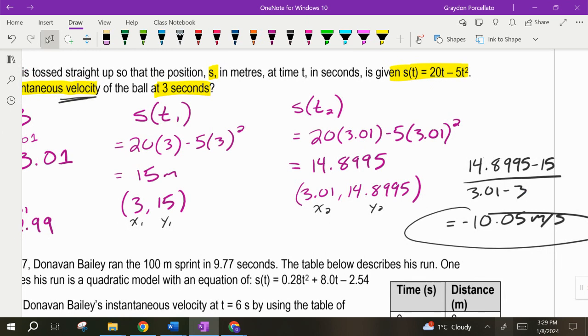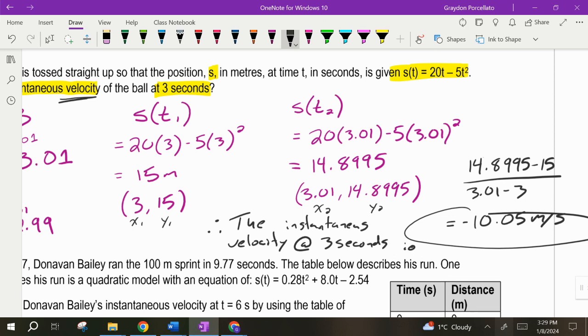So I can write that here. The instantaneous velocity at 3 seconds is negative 10.05 meters per second, and the negative means the ball's coming down.